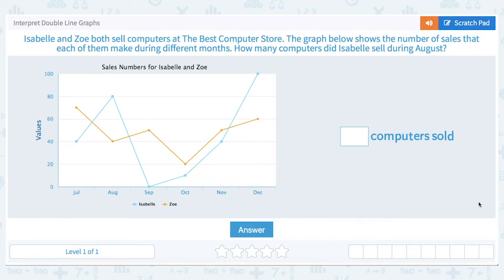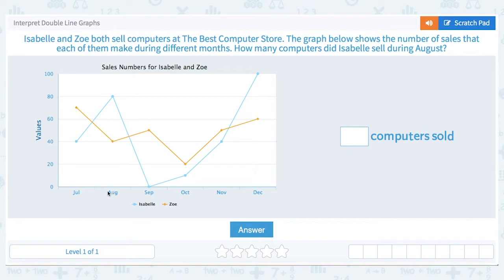All right, let's first take a look here at our line graph before we answer the question. Along the side, the vertical line, we have the values. In other words, that is the number of sales, the number of computers sold.